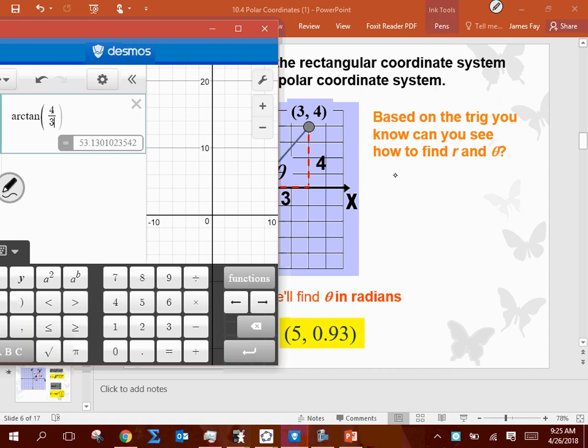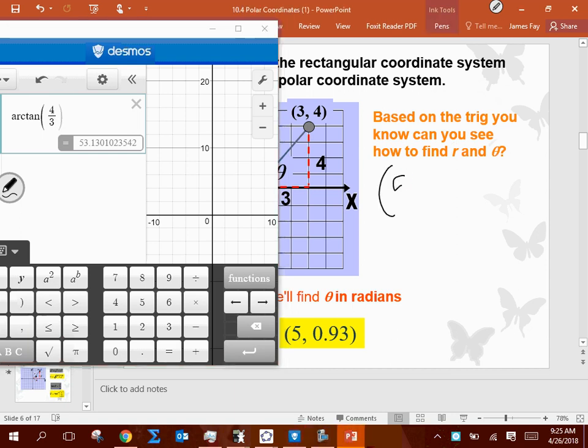So you could write this as 5, comma, 53.13 degrees. Again, paying attention to directions, it might say write it in terms of theta being radians or theta being degrees. It might tell you to specify a certain decimal place. If it doesn't say specify a certain decimal place, this is what they're going to want.